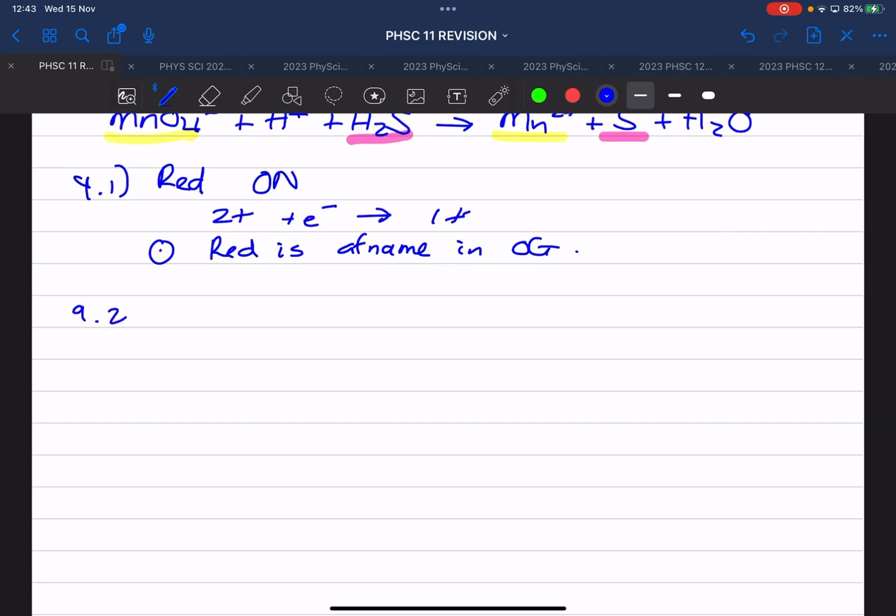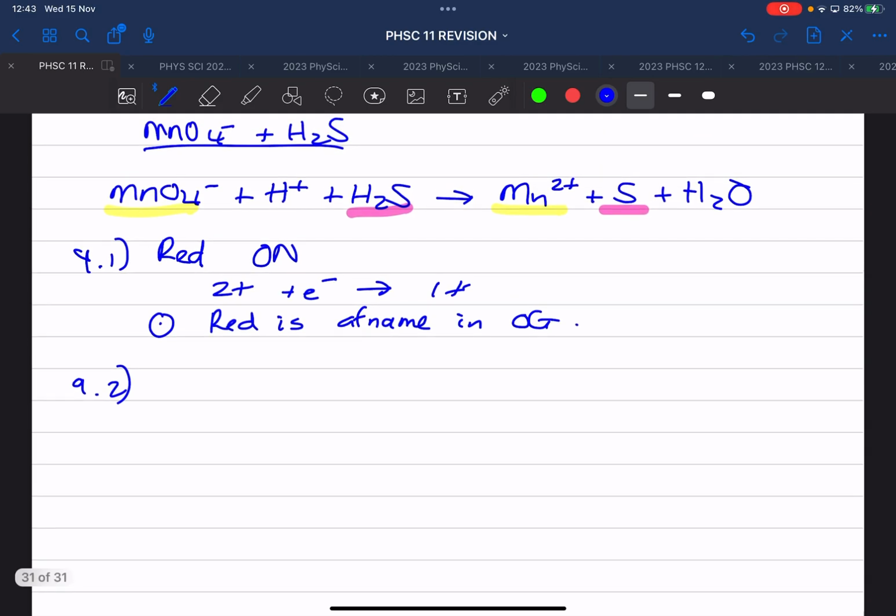Okay, 9.2. Determine the oxidation number of manganese in the permanganate ion. Where is the permanganate ion? There it is.